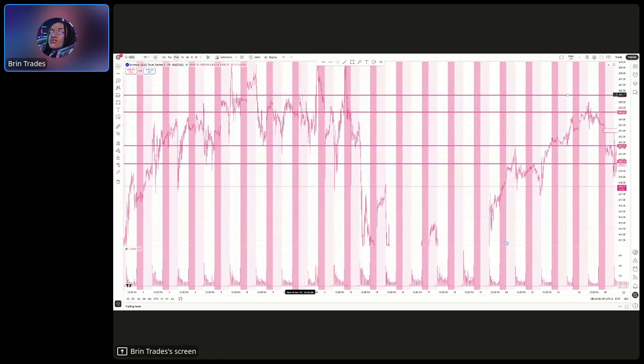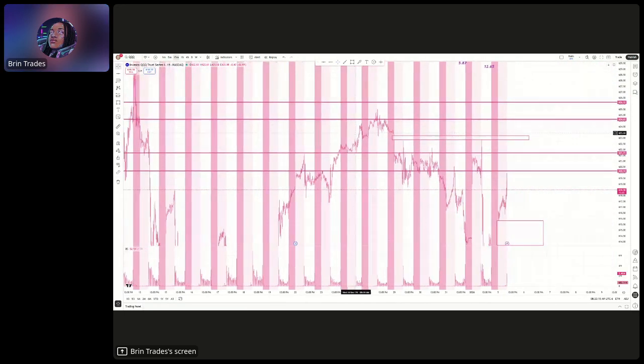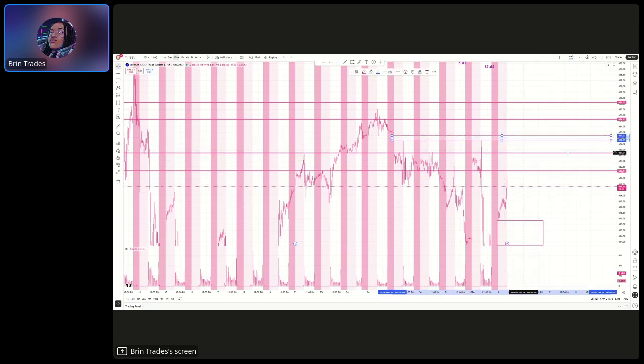Sorry, y'all. Just redoing my price targets because I just saw that gap. It is a small gap, so it could definitely be a rejection.